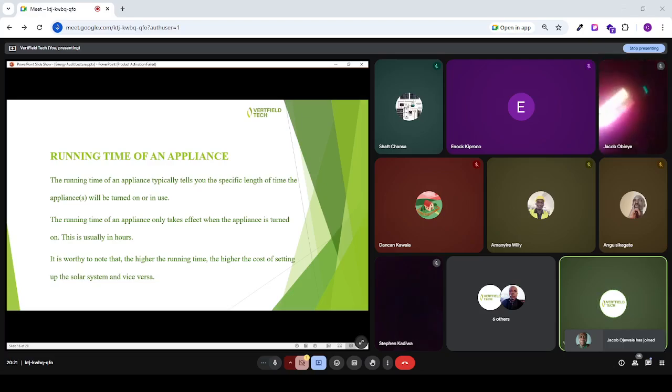It is also worthy to note that the higher the running time, the higher the cost of setting up your solar system, and vice versa. I hope it is very clear. This one is very straightforward to understand. For further questions, you can also ask us.